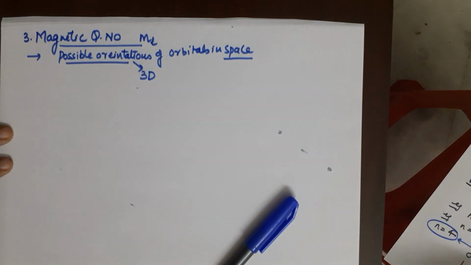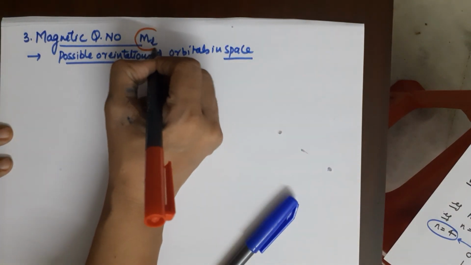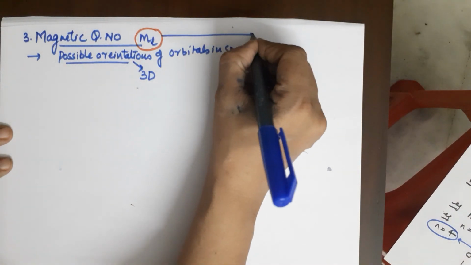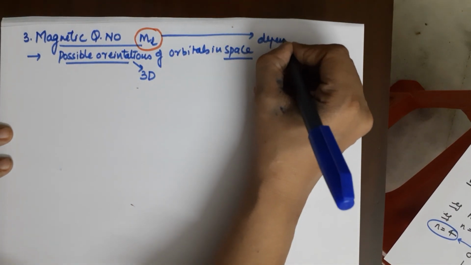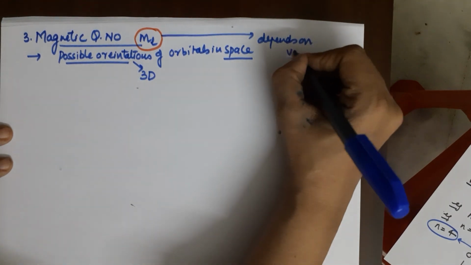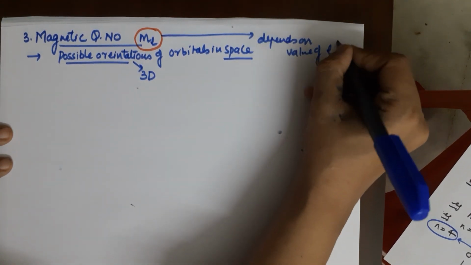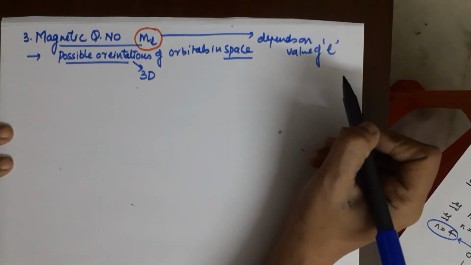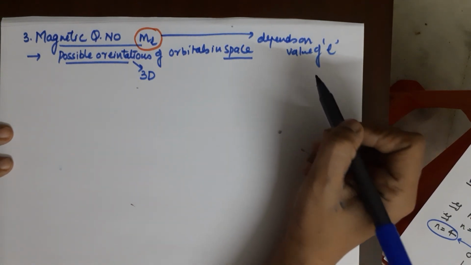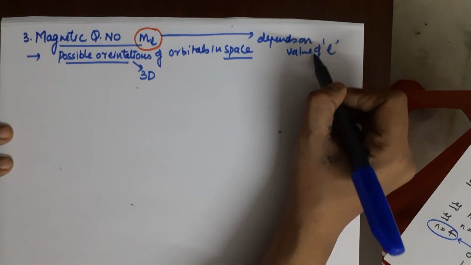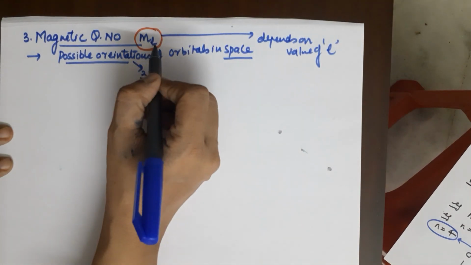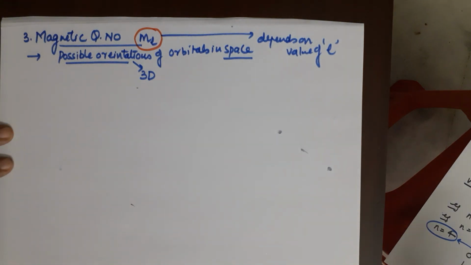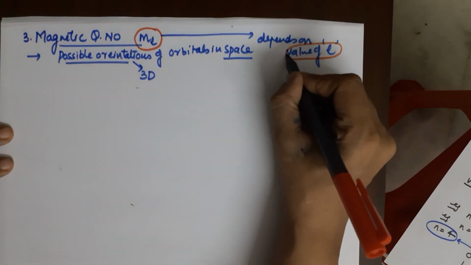This magnetic quantum number is represented by a small m with a subscript of an L, which also says that it depends on the value of L, and you very well know L depends on n. So, once you have an n value, you would know the L value. Once you have the L value, you would know the ML value. They are linked to one another. So, it depends on the value of L.